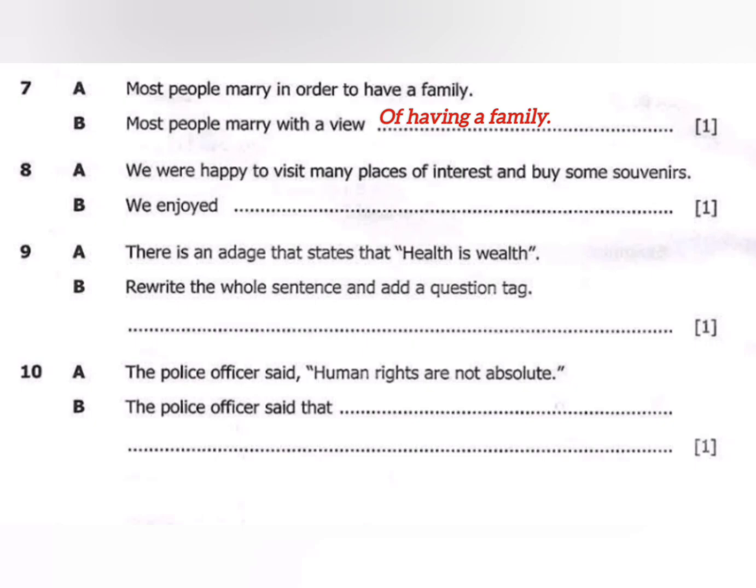Then as for question 8, A, it is saying, we were happy to visit many places of interest and buy some souvenir. When you say souvenir, it's just a reminder for past events. So as for B, we enjoyed.